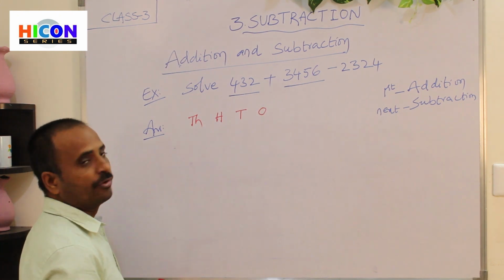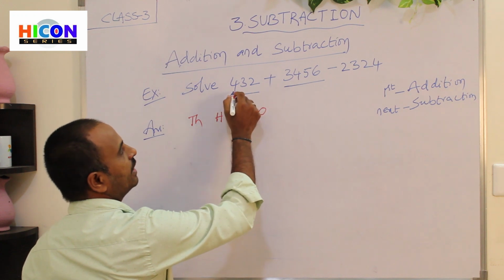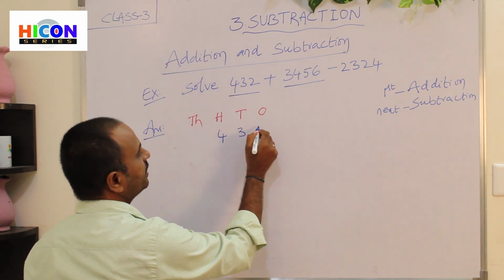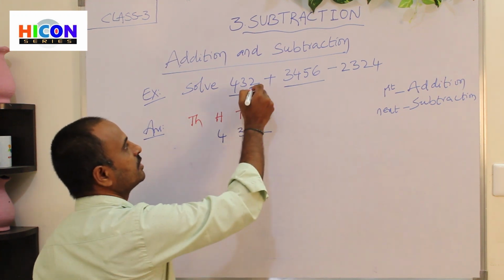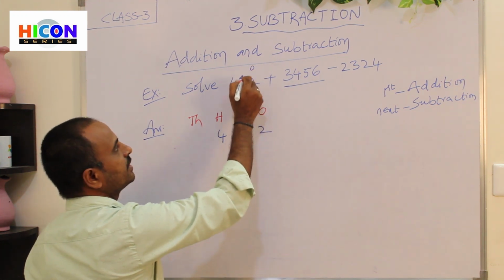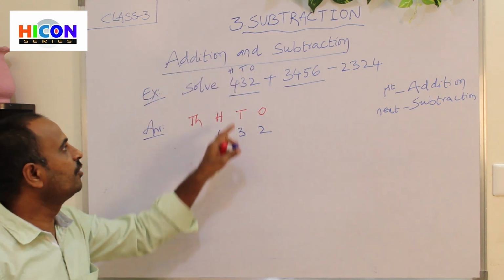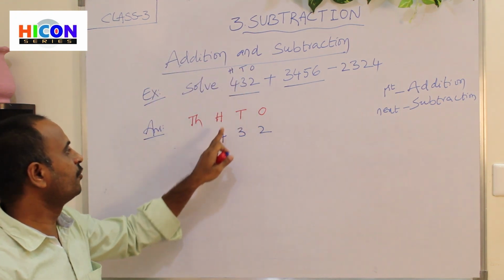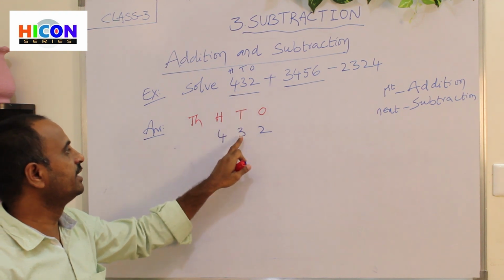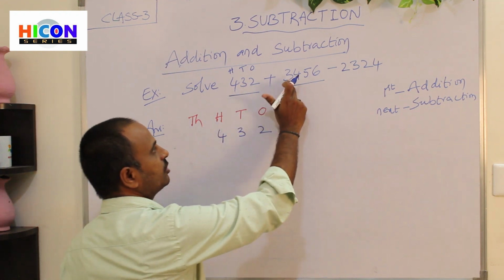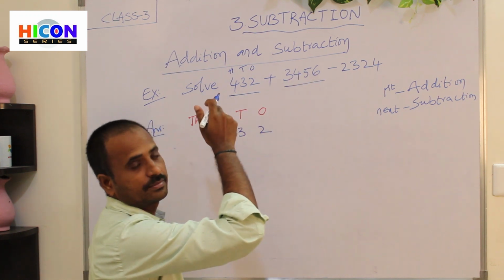So write 432. Here 2 is in ones place, 3 is in tens place, 4 is in hundreds place. So write 4 in hundreds place, 3 in tens place, 2 in ones place. So next write 3456.